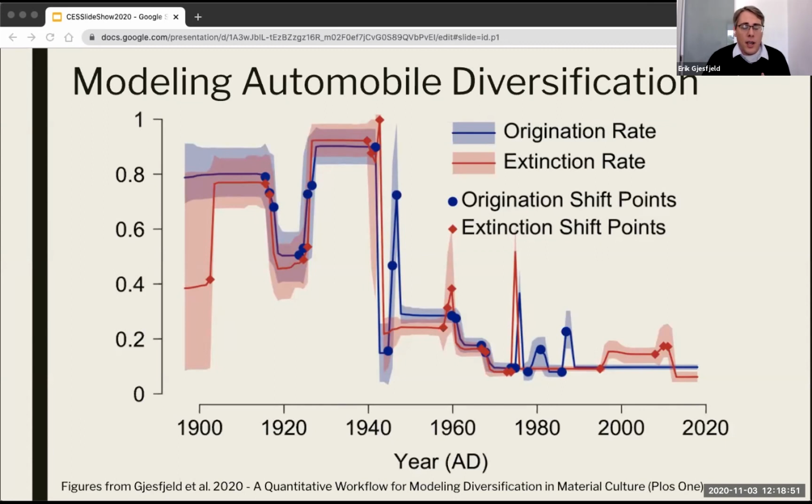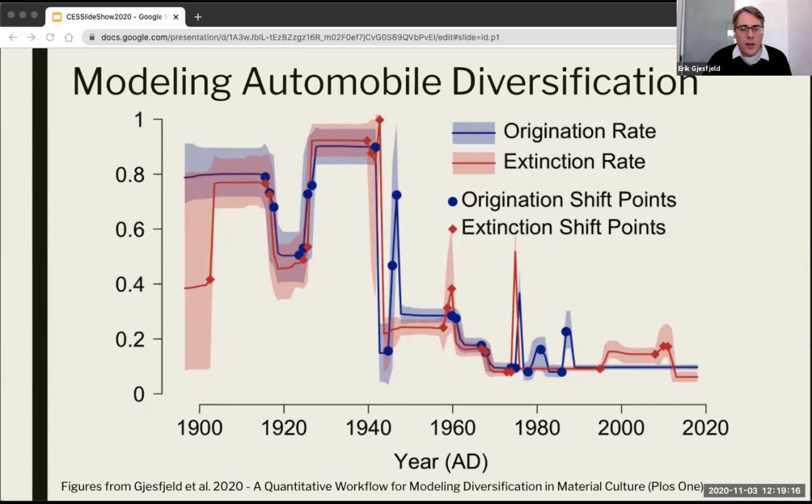We can see the impact of specific historical periods: a massive decline in both the origination and extinction rate during World War II, then a much higher origination rate just after World War II, and really the emergence of car culture in America during the late 1940s and early 1950s.